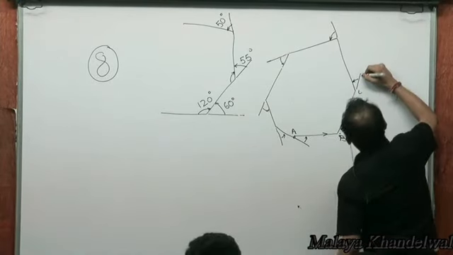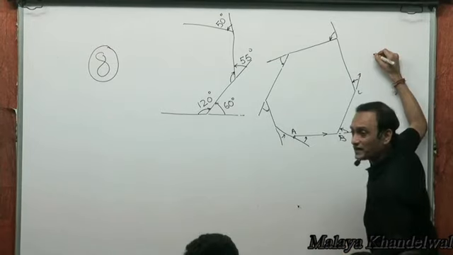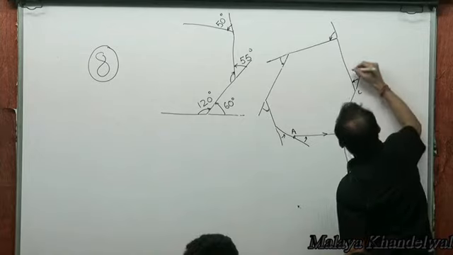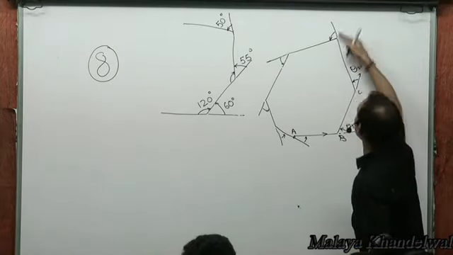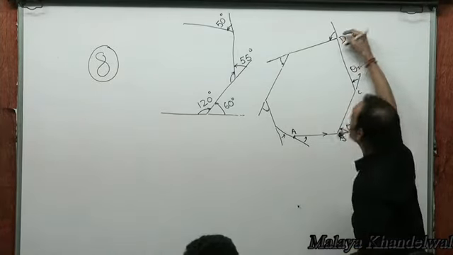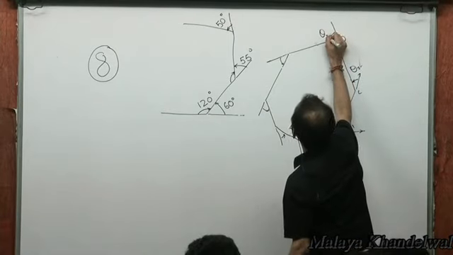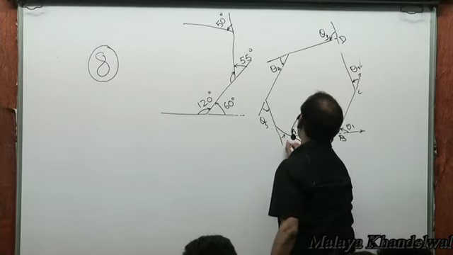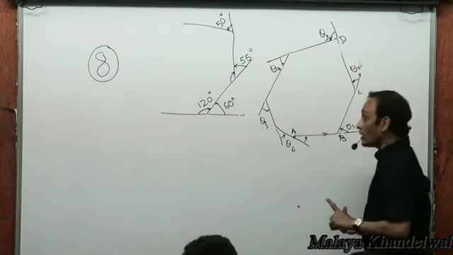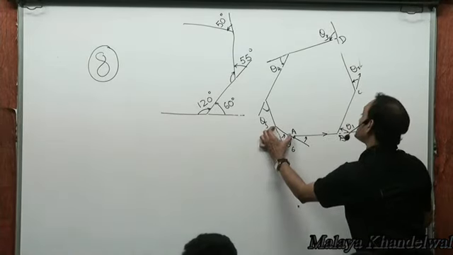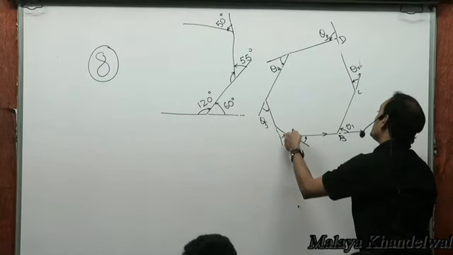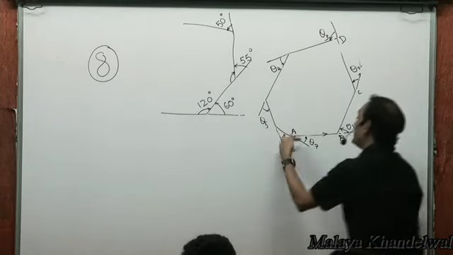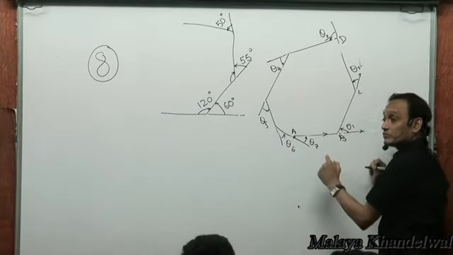And then he would be tempted to move straight, but he gets another kick here, and he rotates by an angle theta 2, and he starts to move along CD. And then theta 3, theta 4, theta 5, and then theta 6, and theta 7. He would be in the same direction as the original direction, yes or no?